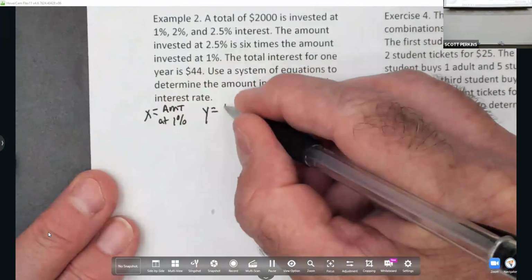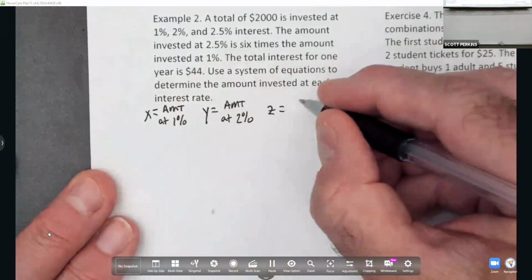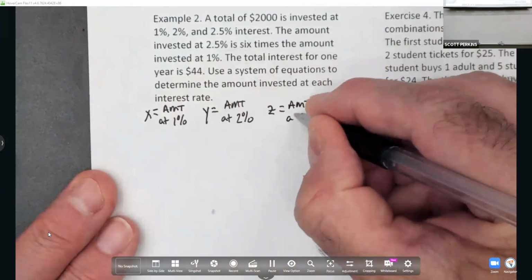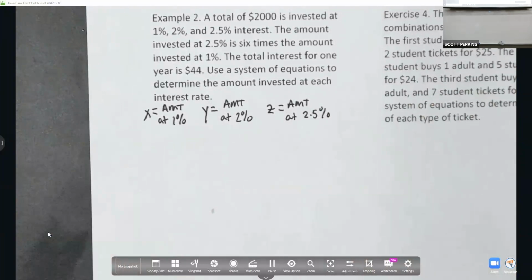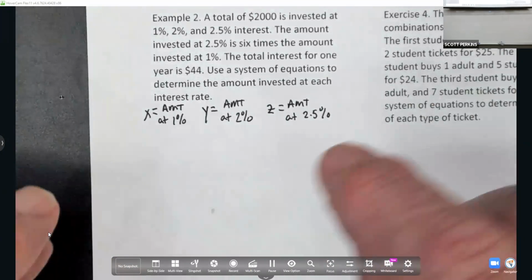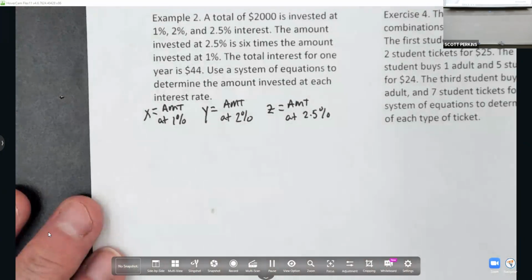The Y is going to be the amount invested at 2%. And then the Z is finally going to be the amount at 2.5. I understand that you don't love to do this step. It doesn't really seem like something you need to do, but it helps keep your thinking straight. It helps you when you're doing these equations, remember which of the accounts, and then when you get your answer, it helps you remember what you've actually found. So that is a pretty important step to do right off the bat.